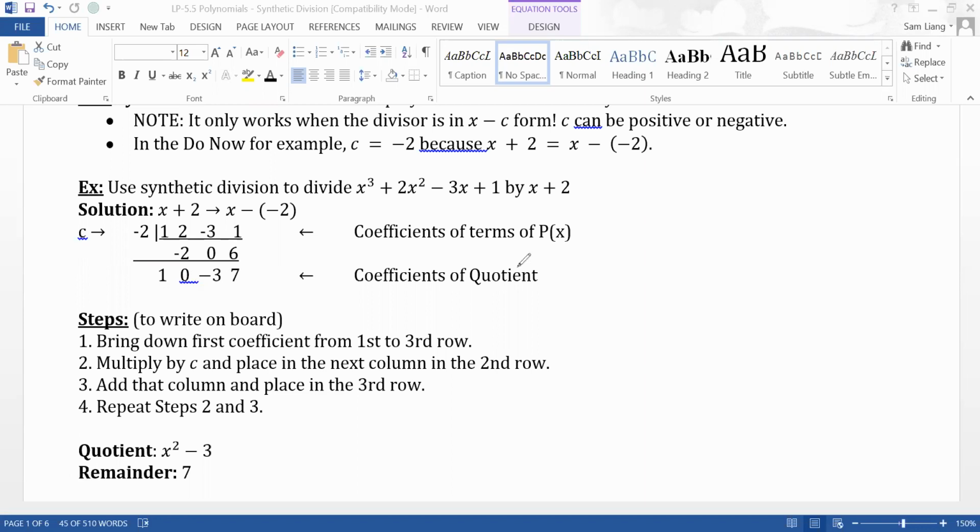If this doesn't make sense, of course it's normal for this to not be familiar if you haven't seen it before. But once you practice it a few times, it'll be automatic. You just bring the first number down, you multiply, add, multiply, add.